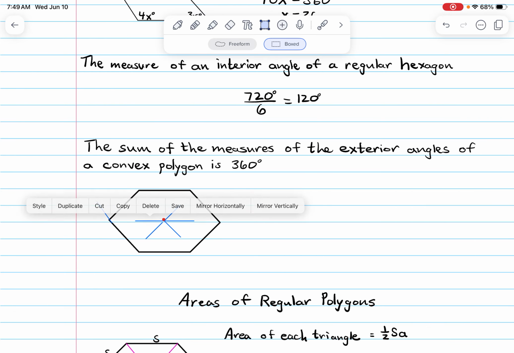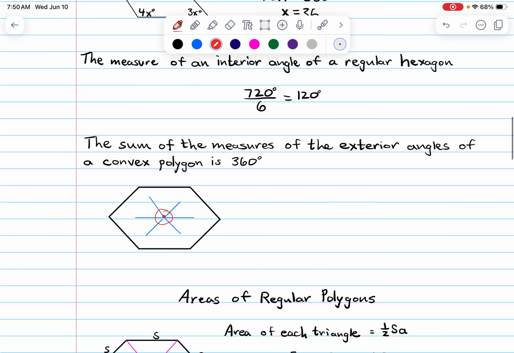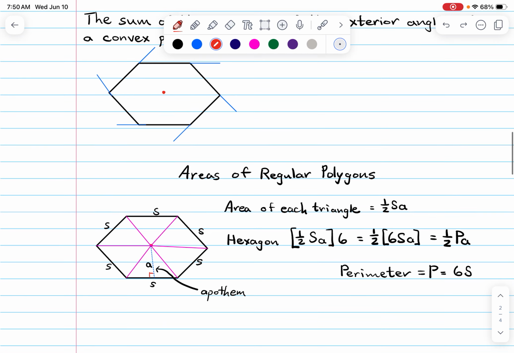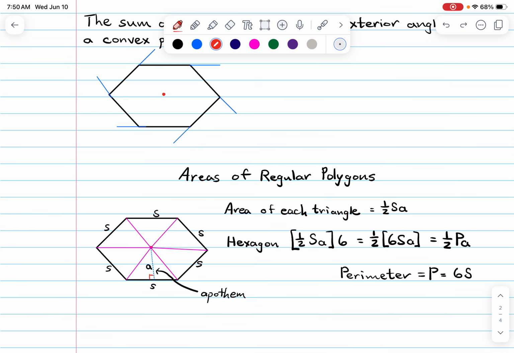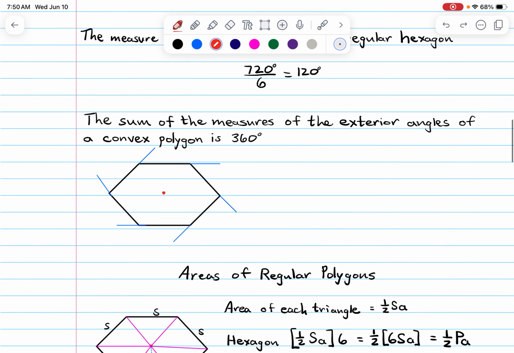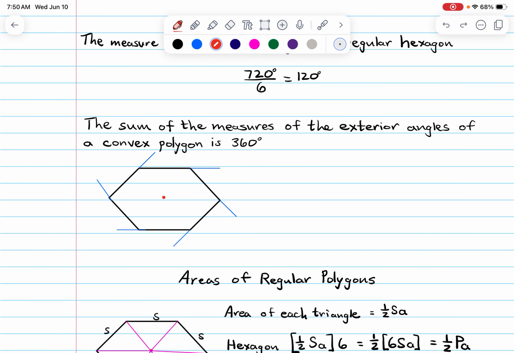If I put all of these angles in the center, I get a circle there, which is 360. So all of those angles would definitely add up to 360. So we've got interior angles and exterior angles.